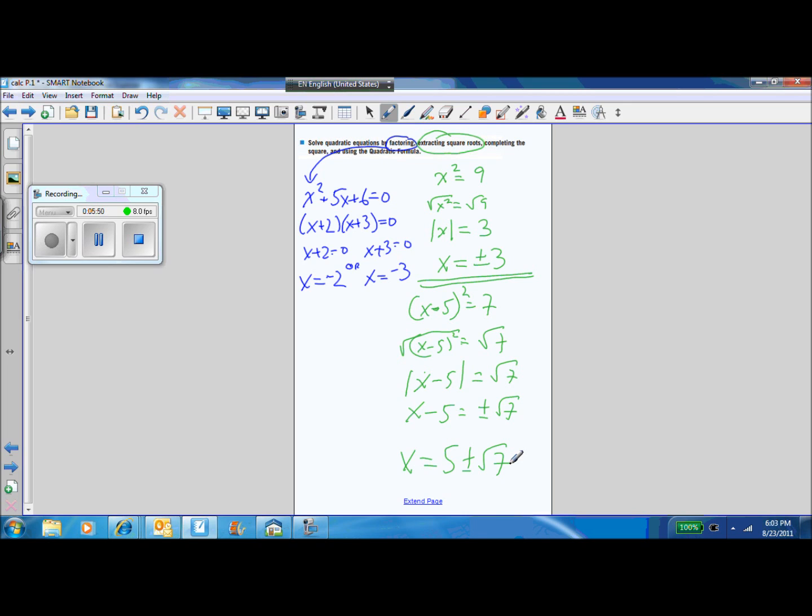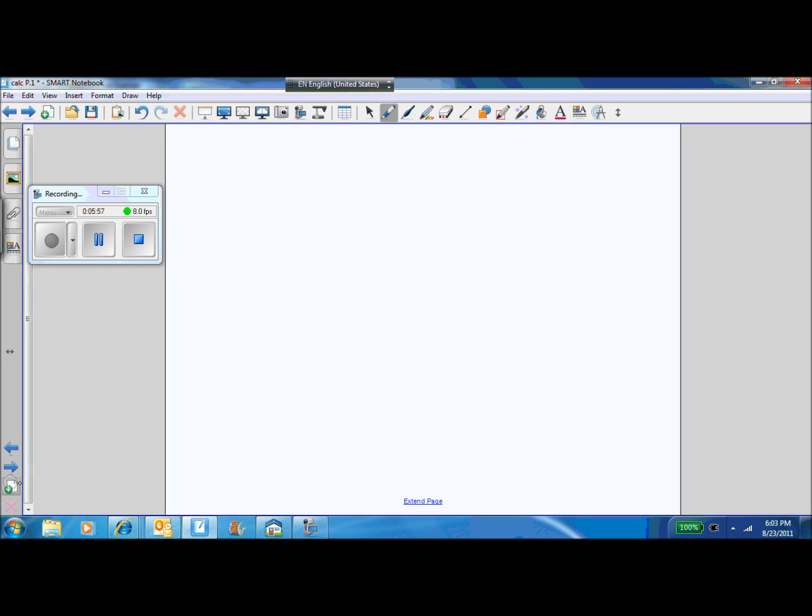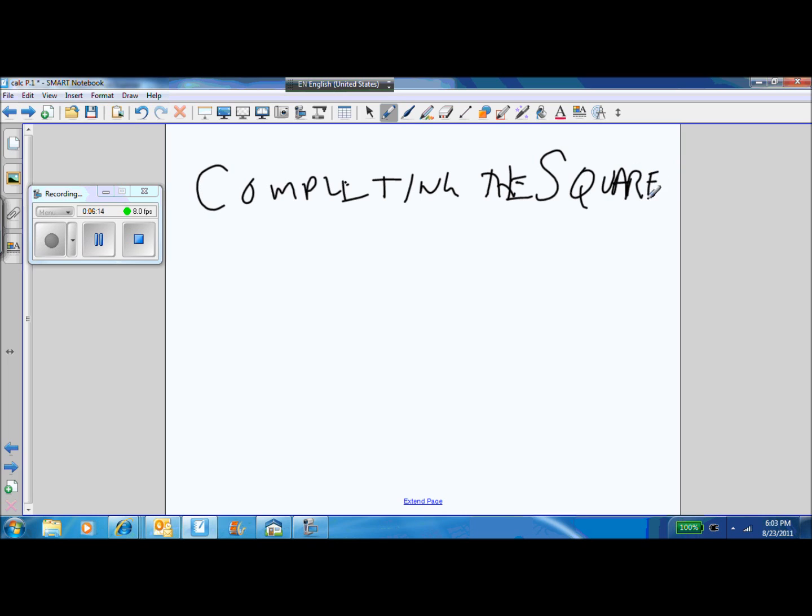Now, this whole extracting square roots technique is a little like completing the square. Let me pop in a little page here so we can talk just about this idea of completing the square. Completing the square is all about adding just the right something to turn your polynomial into a perfect square.